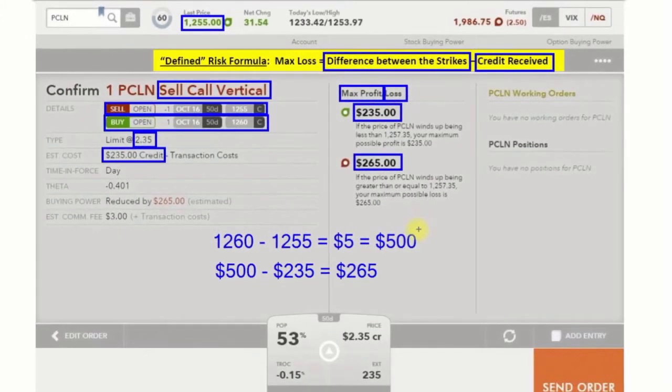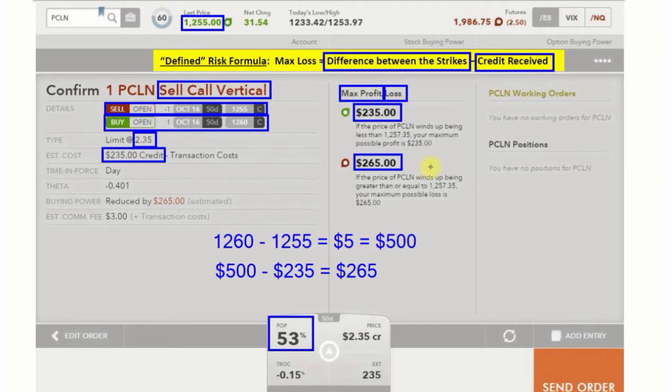So you can see we've defined our risk, and if you look down here, our POP is still greater than 50%, which we love to see, right? So yes, it's a lot less than it was for the naked option, which was roughly 65%, but in this case we're still above 50-50, and we're defining our risk here. So instead of this undefined number here, now we know the most we can lose if things go horribly wrong is $265.